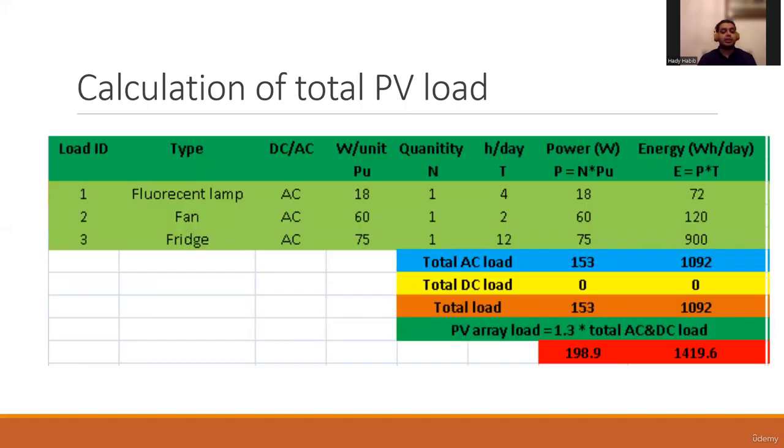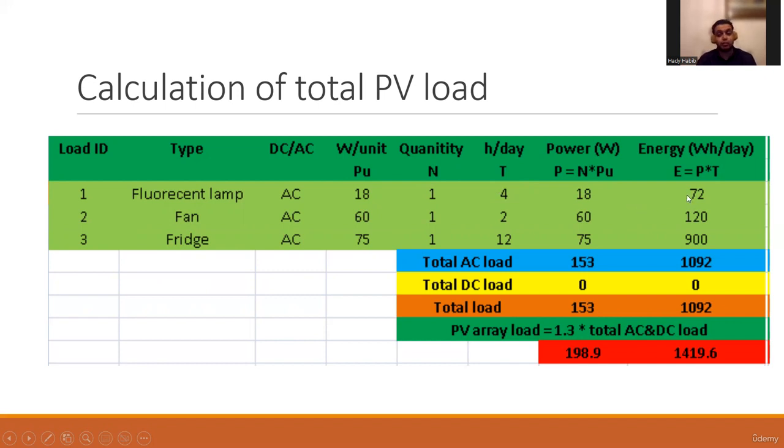Here is the calculation of the PV load. We created a spreadsheet of the loads that we have. We have the fluorescent lamp. The unit of it has 18 watt. We have only one, and it's working 4 hours. So the total power is 18, and the energy needed to operate this fluorescent lamp is the power multiplied by the number of hours operated, which is 4 hours.